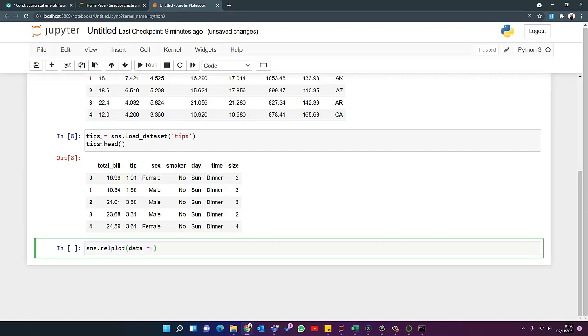So the dataset is tips. Then we will provide the x-axis. We know the x-axis is total_bill. The y-axis would be tip, and let's see how this looks.